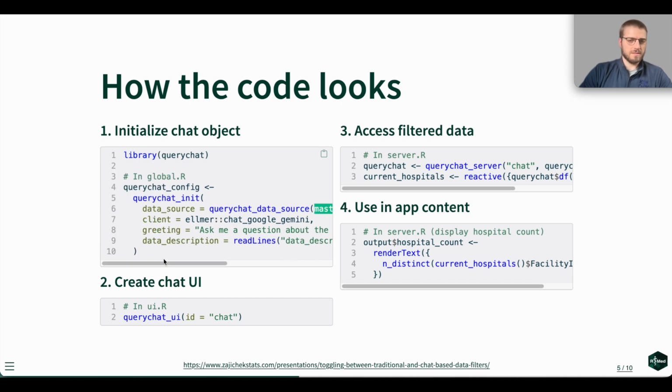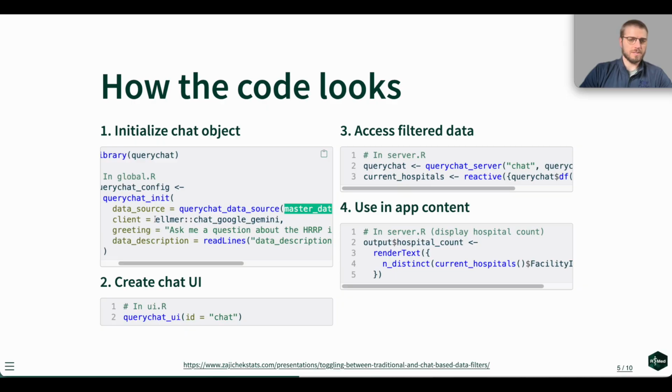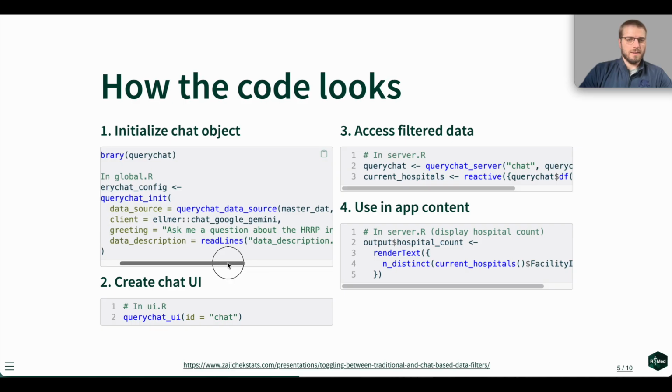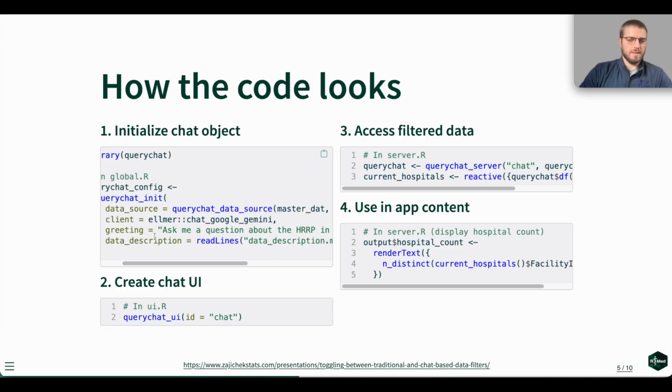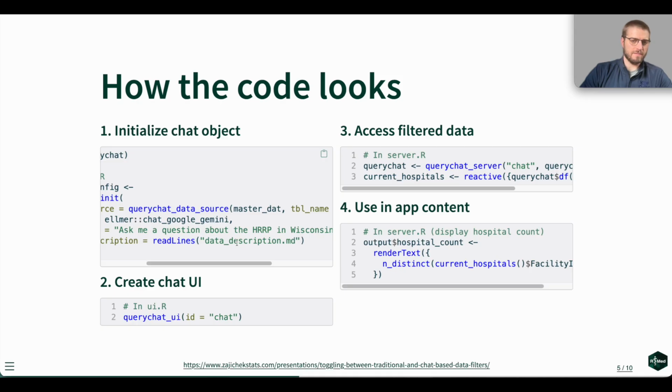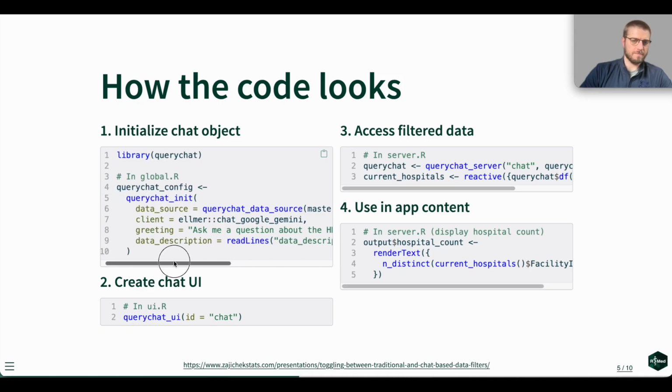Choose a client, so this is your LLM provider, and you can just use the ellmer package, and in this case I'm using Google Gemini, where I have my API key stored as an environment variable, and then a little greeting depending on what you want your prompt to show the user, and then a data description, which in this case is just a file I have in my app directory, and more on that later.